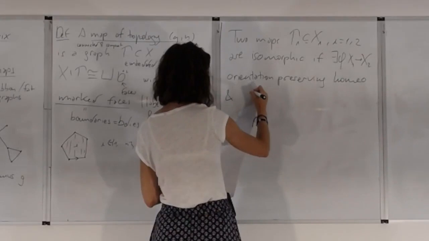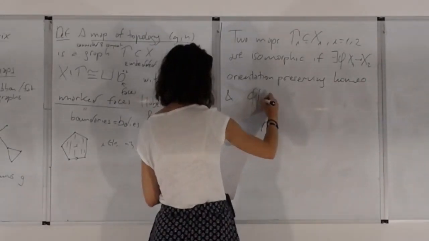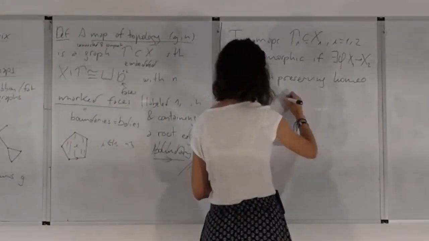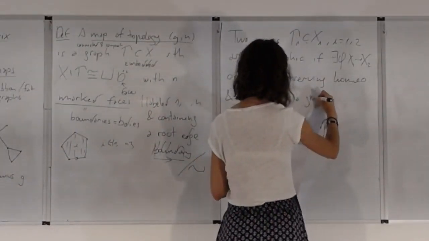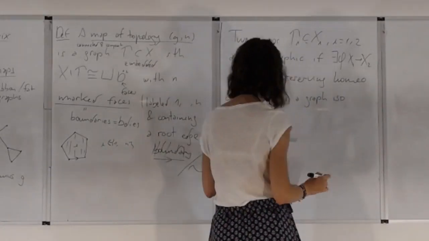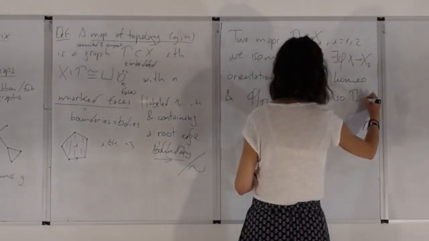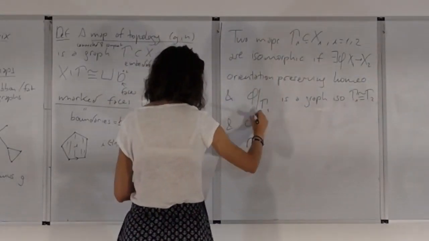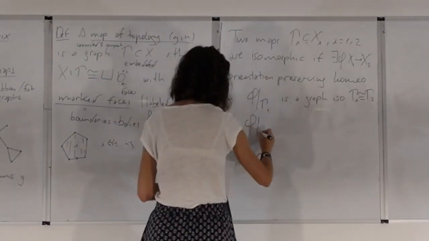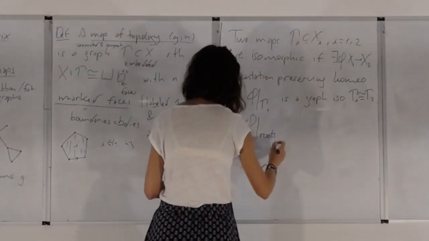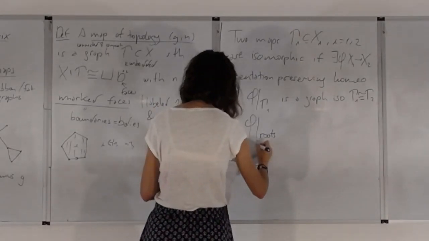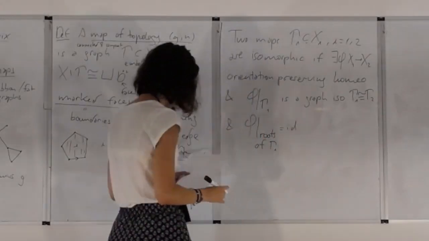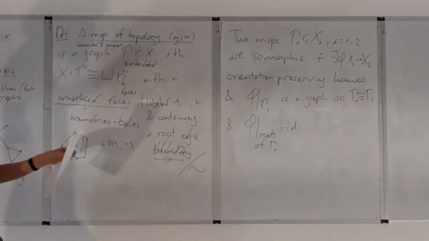And that restricts to an isomorphism of graphs when you restrict it to the graph. And also we want that it preserves the roots. Not only preserves the roots, but it's the identity at the roots. Okay, so this is everything.